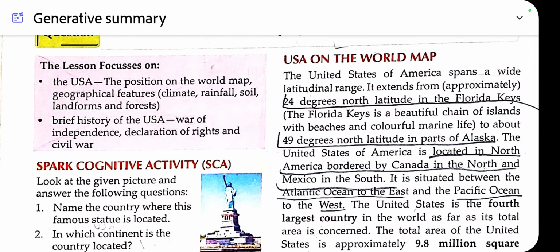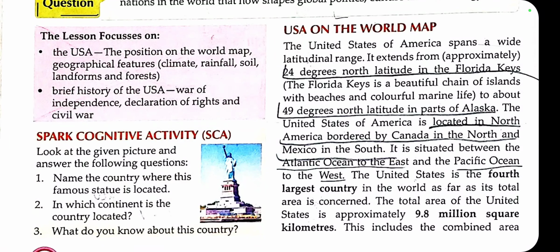USA on the world map. The United States of America spans a wide latitudinal range. It extends from approximately 24° north latitude in the Florida Keys. The Florida Keys is a beautiful chain of islands with beaches and colorful marine life, to about 49° north latitude in parts of Alaska.